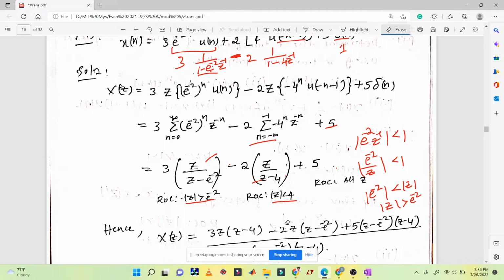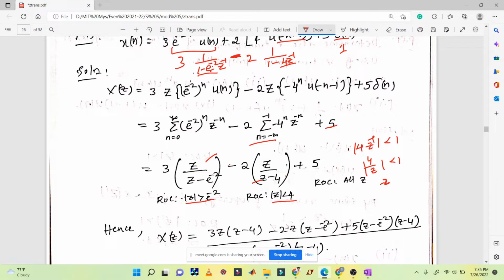Similarly, what is the second ROC? Here, 4 z inverse is less than 1. So 4 by z is less than 1.